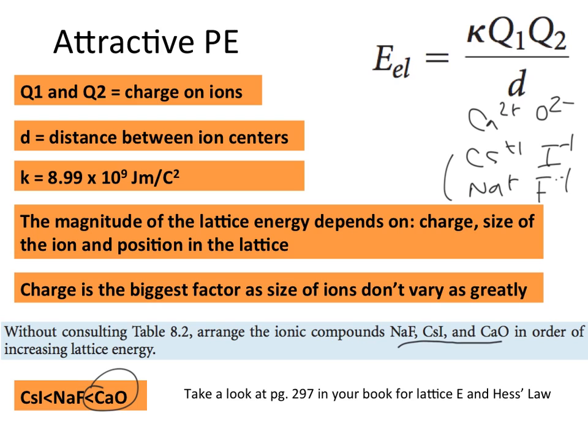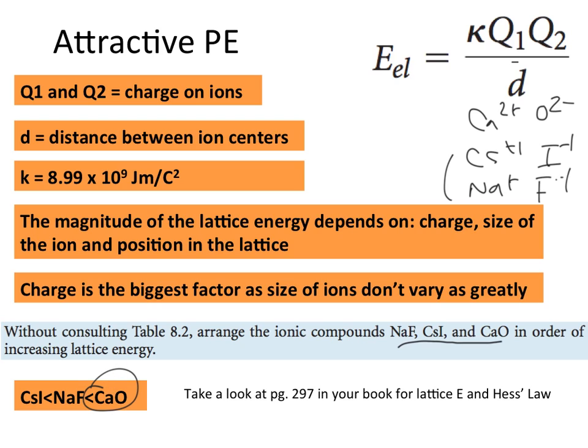So cesium and iodine have larger radii. A larger radius leads to a larger internuclear distance, which makes our denominator larger. A larger denominator makes the overall potential lattice energy smaller for cesium iodide. So cesium iodide is going to be our smallest in terms of lattice energy. Sodium fluoride will come next because the ions are slightly smaller than the ones in cesium iodide.